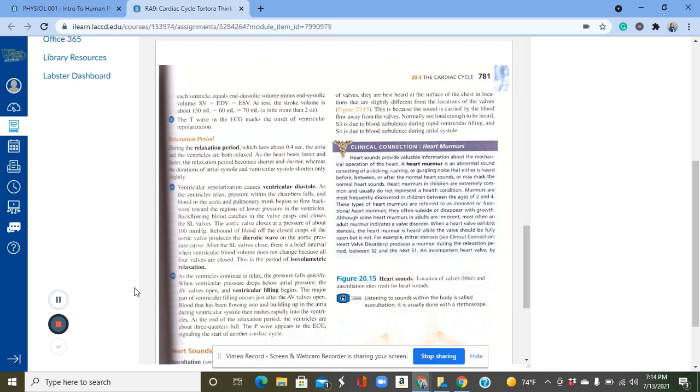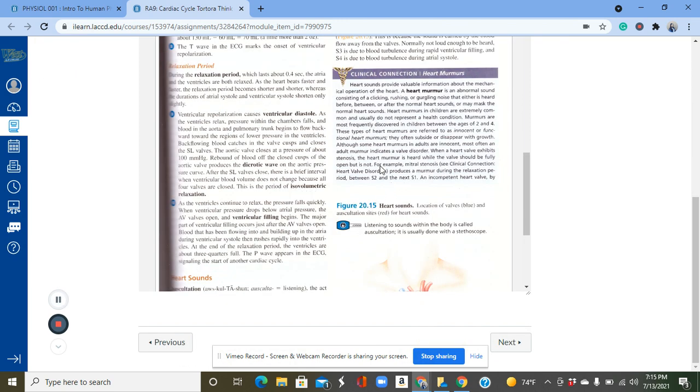Okay, so basically heart murmurs are the sound of blood flowing through the heart, which is due to anything from a healthy heart, exertion during exercise, or maybe an abnormality in the valves or heart disease.